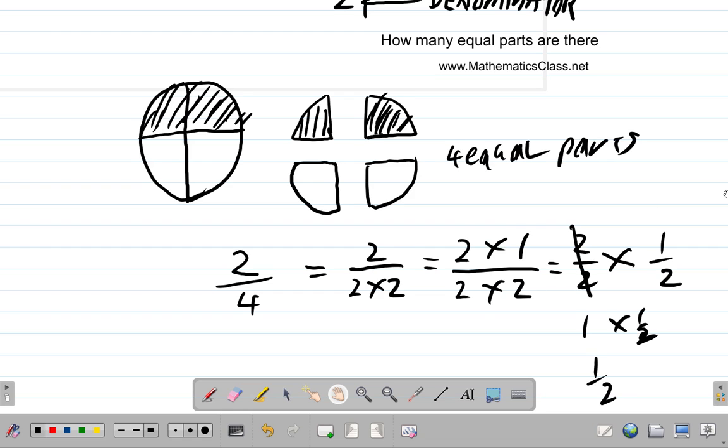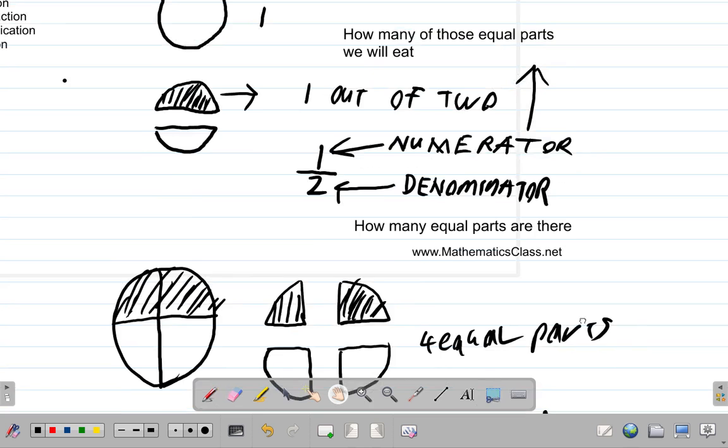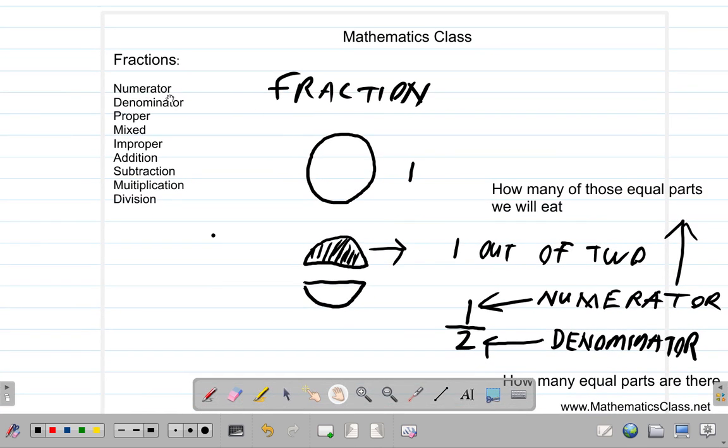Now, here, you can have the same argument for cutting up into 3 equal parts, 4 equal parts, 5 equal parts, 6 equal parts, and so on and so forth. Alright. Now, that's the numerator and the denominator. Let me just take these off.